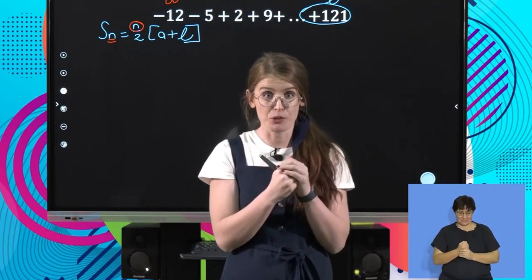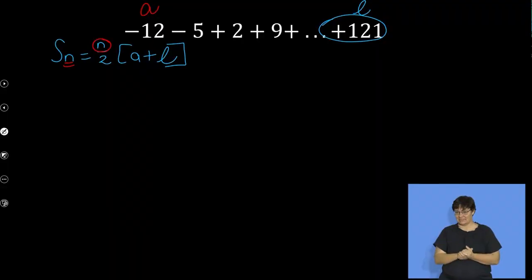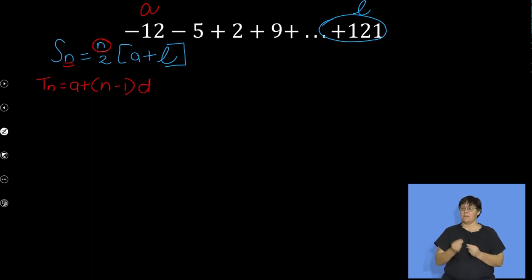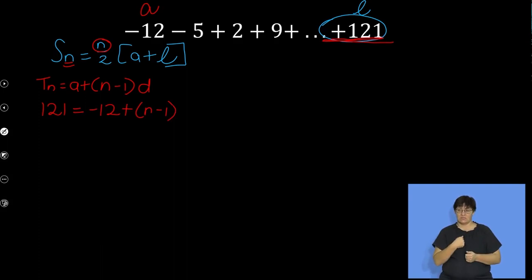Let me write it on the board so everyone can be with me. I'm going to use Tn is equal to a plus n minus 1 times d to determine n because I know that the value of the last term is 121. So I'm going to substitute in 121 for Tn. A is negative 12. I'm solving for n, so it's still going to be n minus 1.